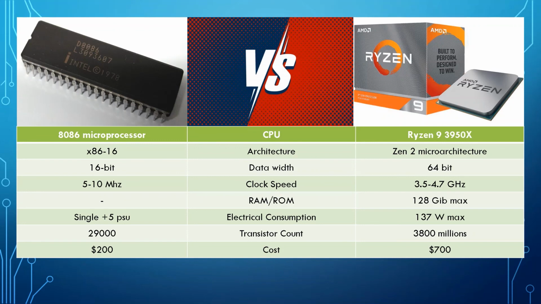The 8086 microprocessor has 29,000 transistors, while our selected microprocessor has around 2,800 million transistors. For their prices, the most expensive we could get for the 8086 microprocessor during its era was about $200, while the Ryzen 9 3950X costs about $700.